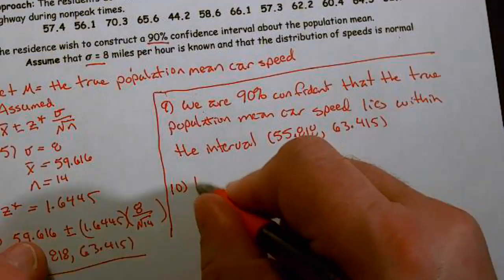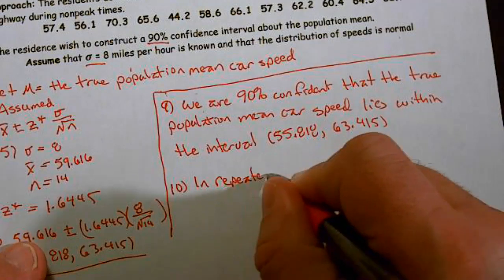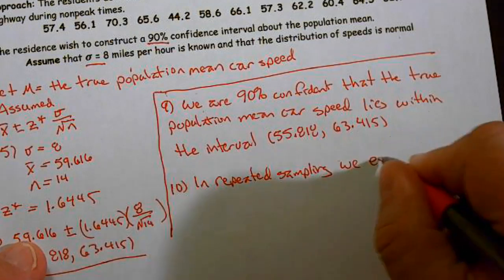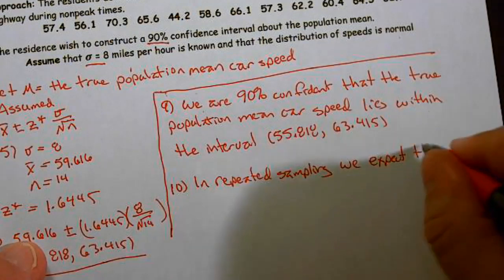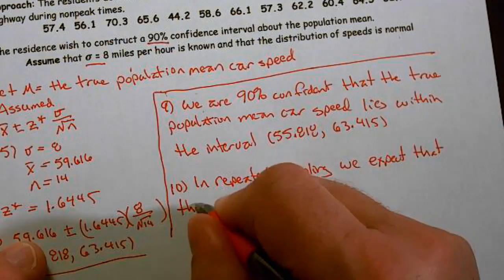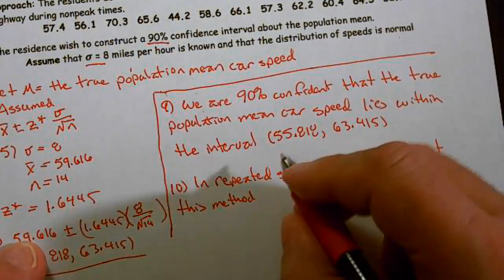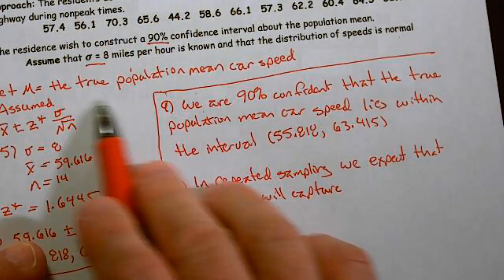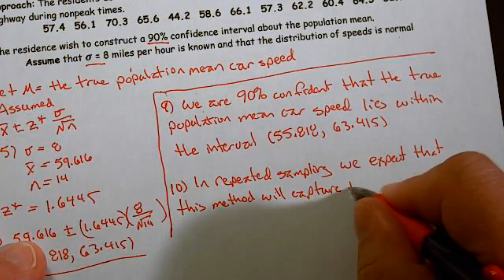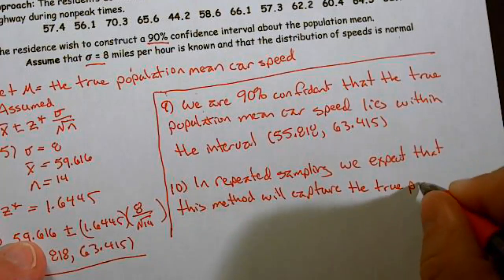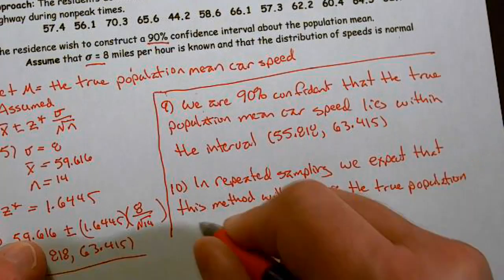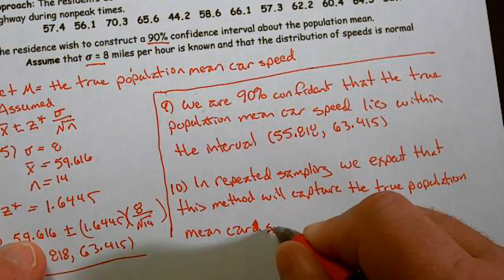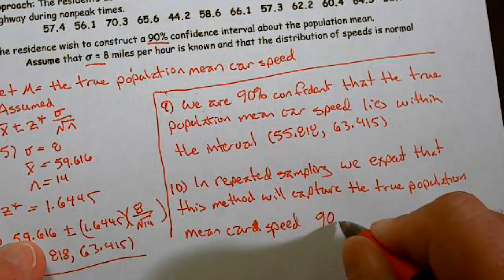So in repeated sampling, we expect that this method will capture the true population mean car speed, 90% of the time.